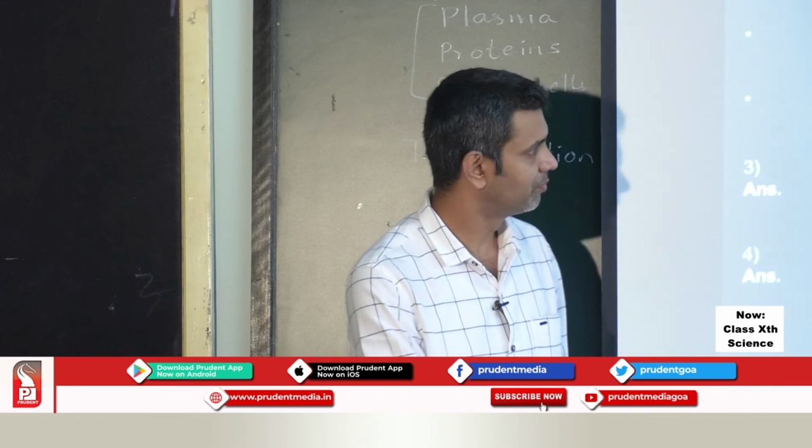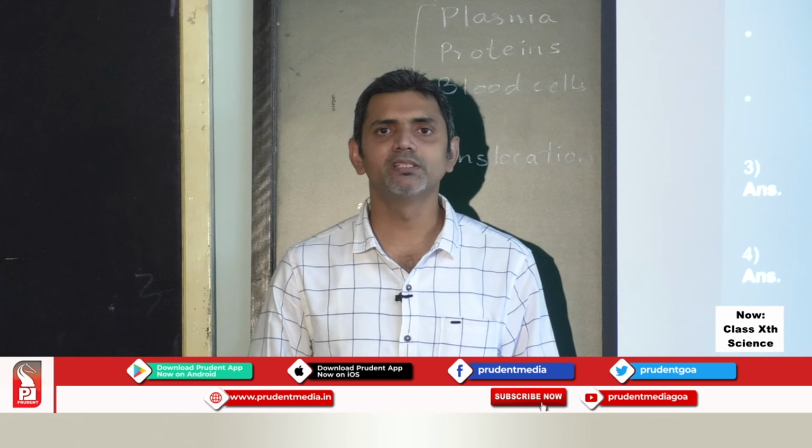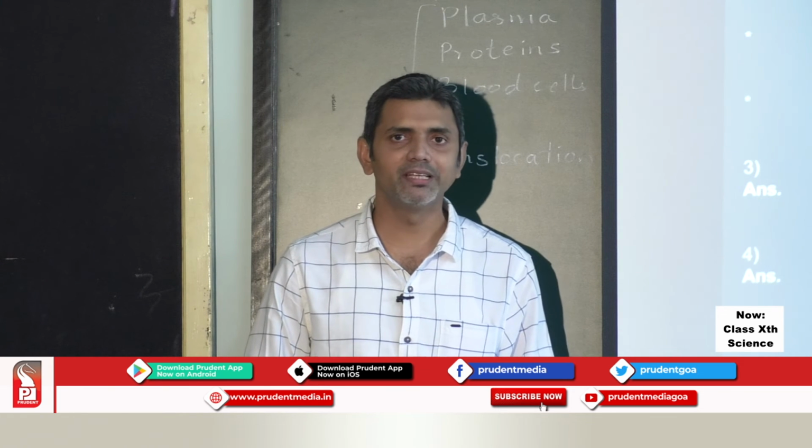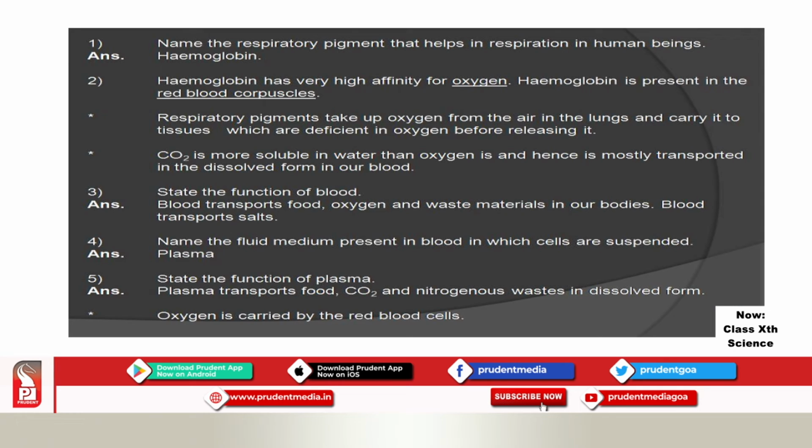Okay. So, we have completed transportation in human beings, we have completed transportation in plants. These are some of the questions. This asterisk represents here note. Instead of typing note, I have typed an asterisk.